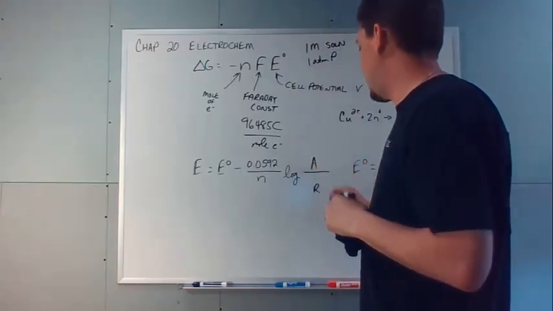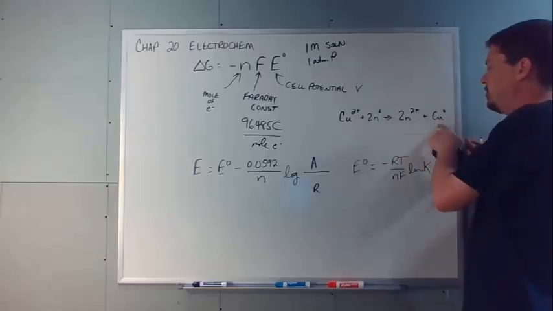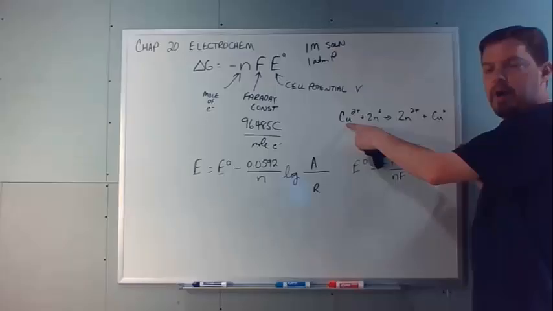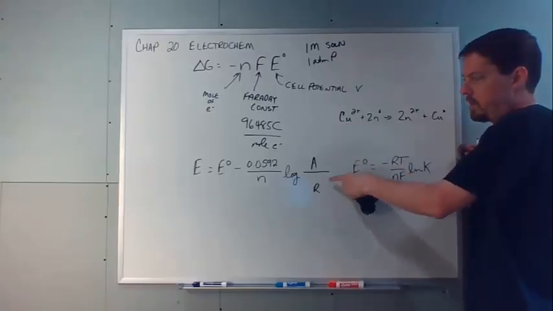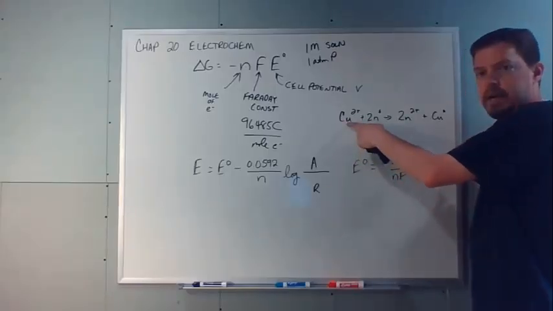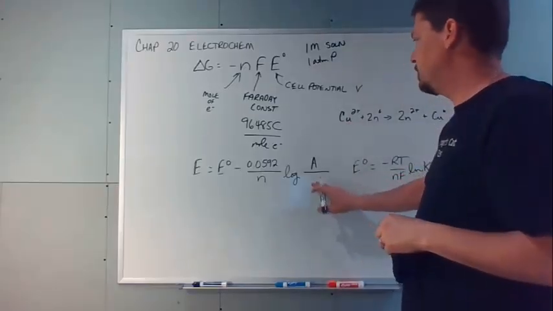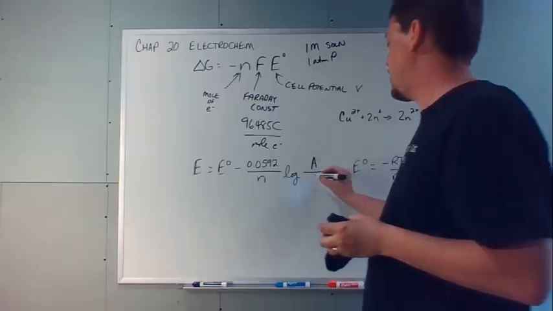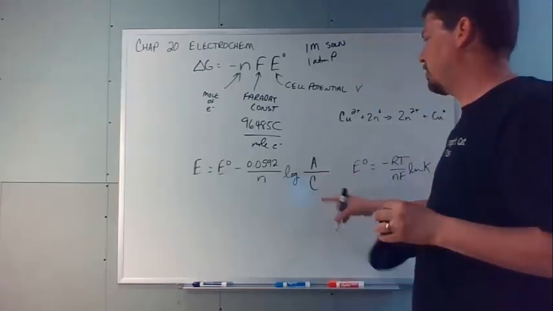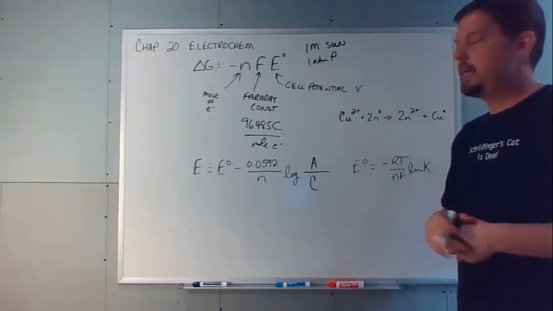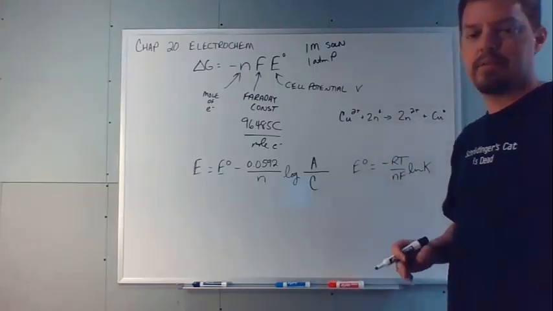So they always say anode on top, and then your copper is being reduced, but the only place that you have copper ions, which would go into the equilibrium expression, is on the left side. So that's going to end up being on the bottom as your reactant, but that's what's happening at the cathode. So they always say it's anode over cathode, but you can see that right from your balanced equation.